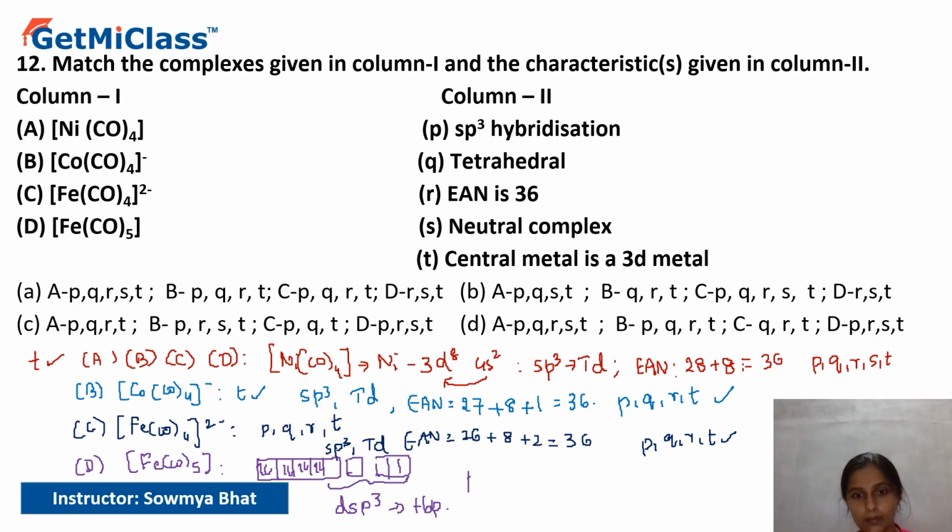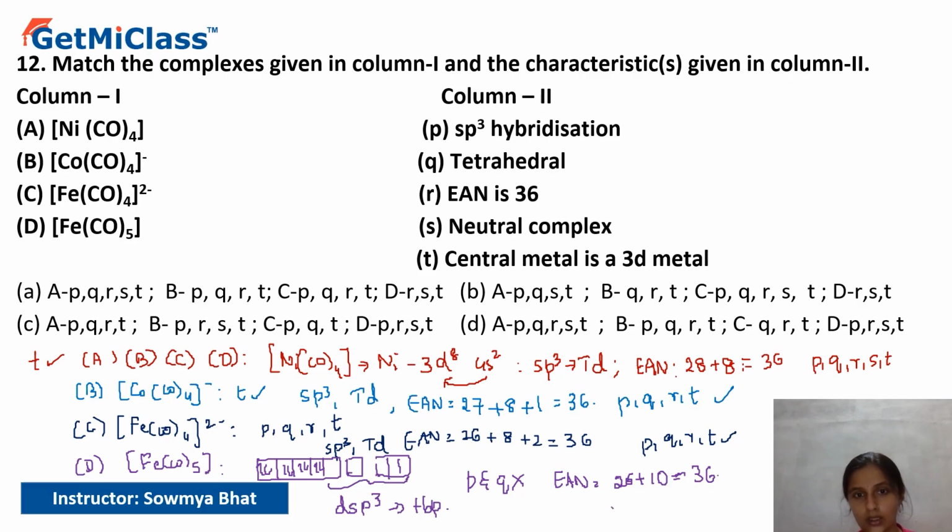So here P and Q are not valid, but the EAN, if you calculate, is 36. EAN is equal to 26 plus 5 ligands, each of them giving a pair of electrons, so plus 10 is equal to 36.